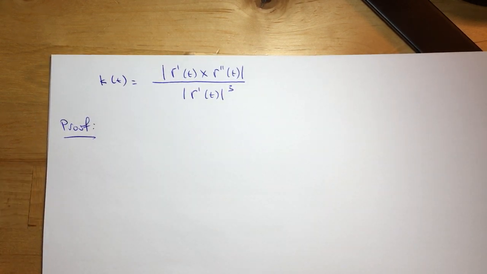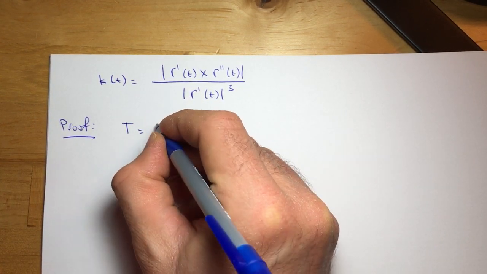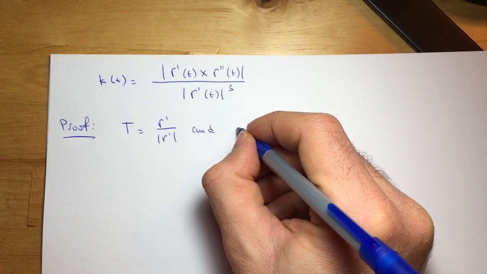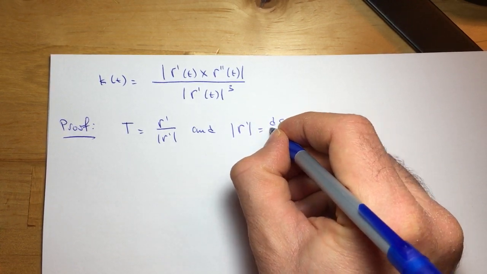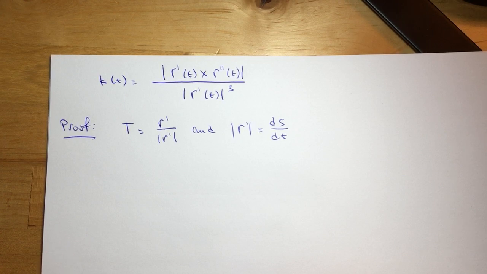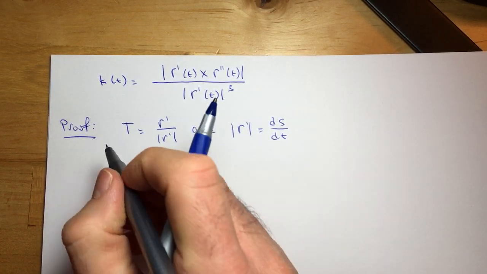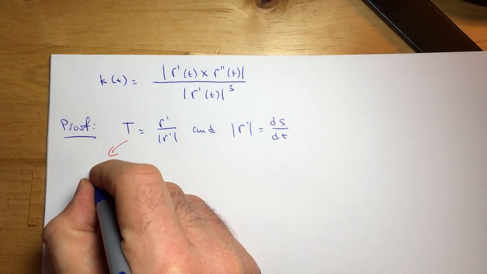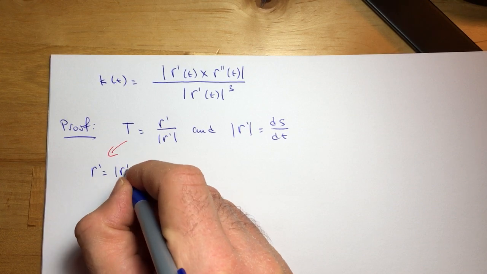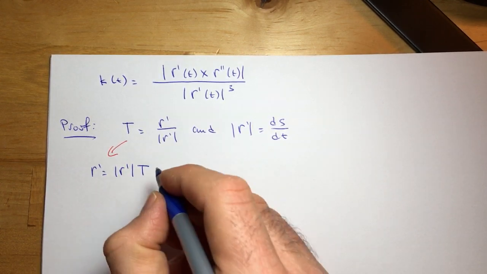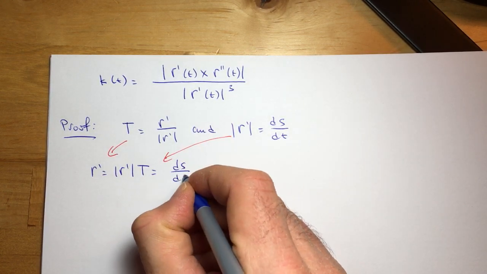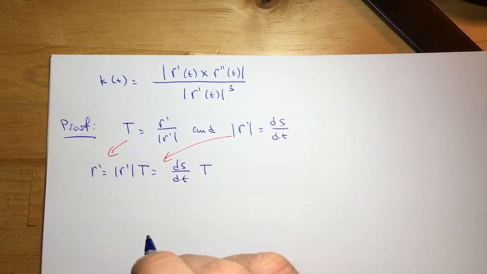Just a reminder, T is equal to r prime over the magnitude of r prime, and the magnitude of r prime is equal to ds/dt. From here, r prime is equal to the magnitude of r prime times the unit tangent vector, which is ds/dt times the unit tangent vector.